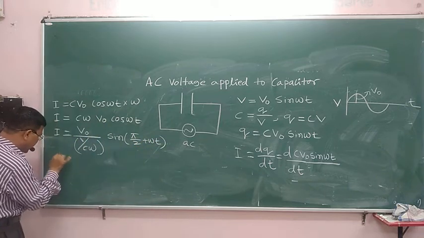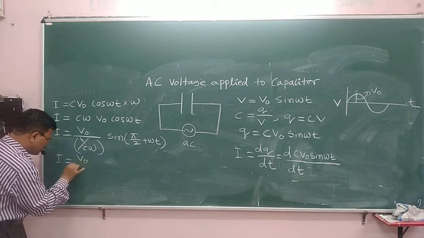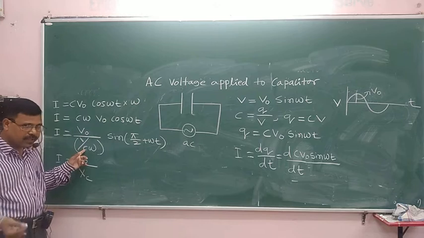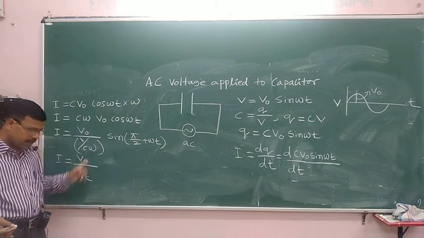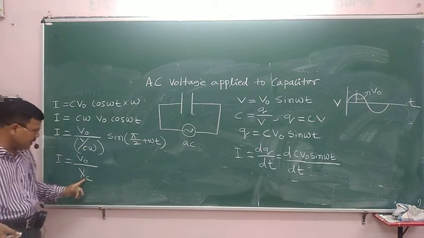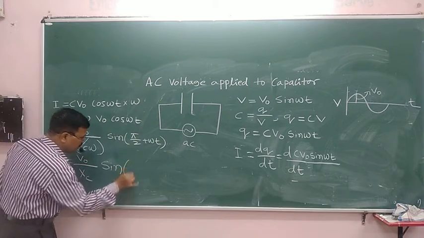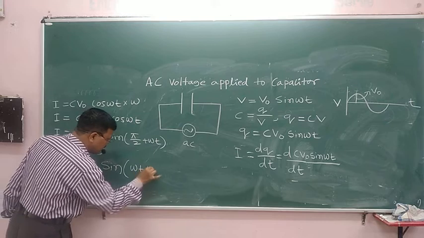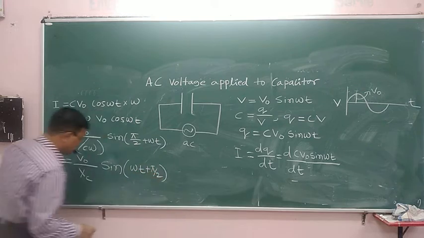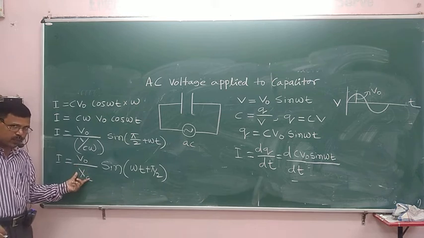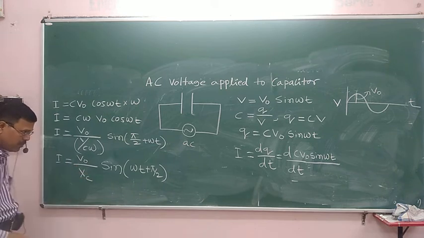So I can write this as V0 by Xc. This 1 by C omega we call Xc, that is the capacitive reactance, into the sine of 90 plus theta, which can be written as theta plus 90. This maximum voltage by the capacitive reactance is what we call the maximum current.